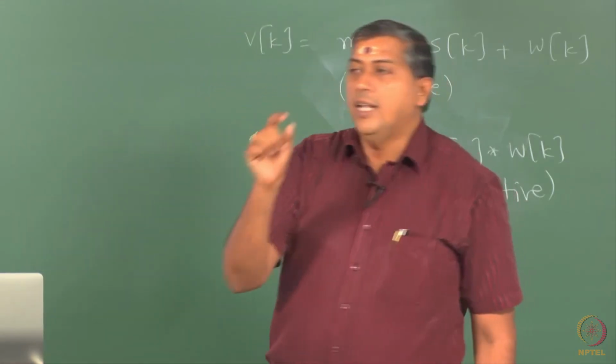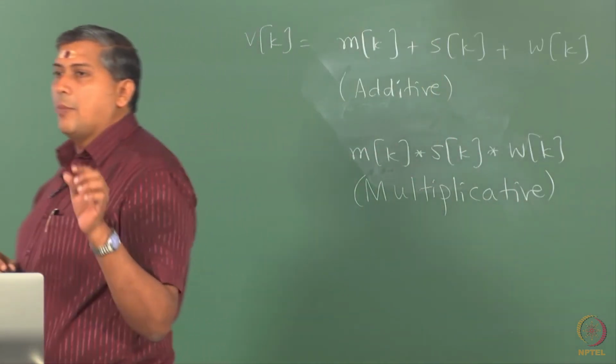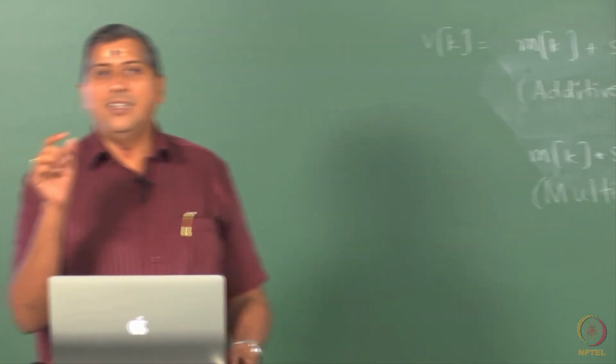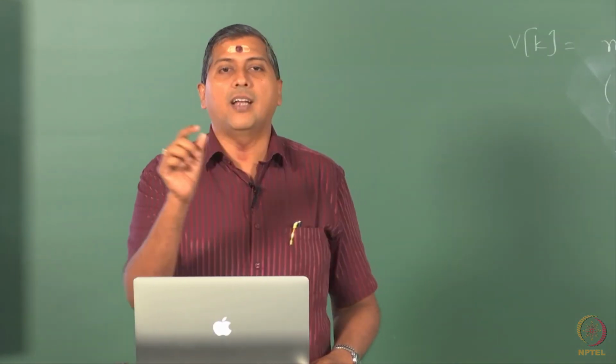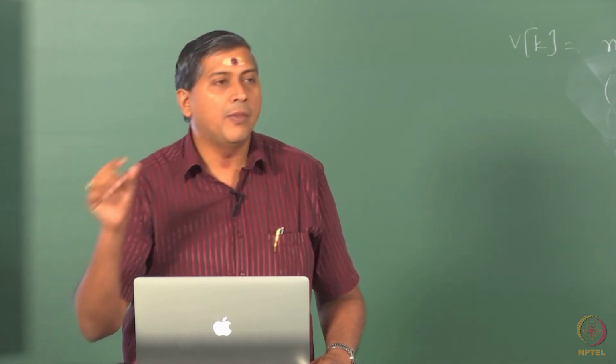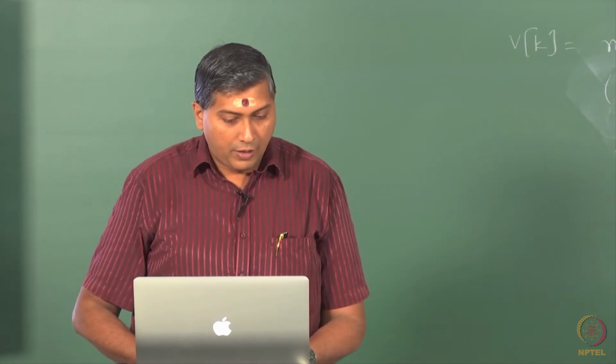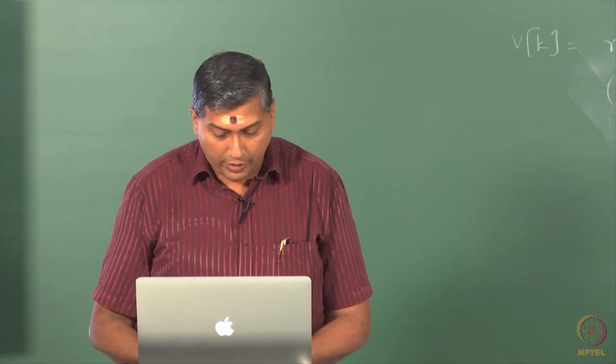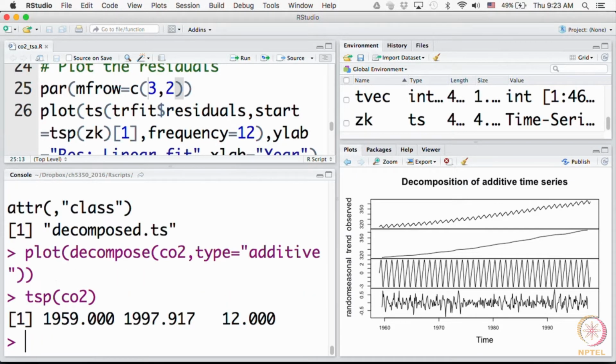Well, the CO2 that I have supplied is a time series object. A time series object has certain attributes: start time, end time, and how frequently we have obtained and so on. So, if you look at the frequency, for example, let us look at the TSP. Here the last one is the frequency. It says 12 and it assumes that to be the periodicity.